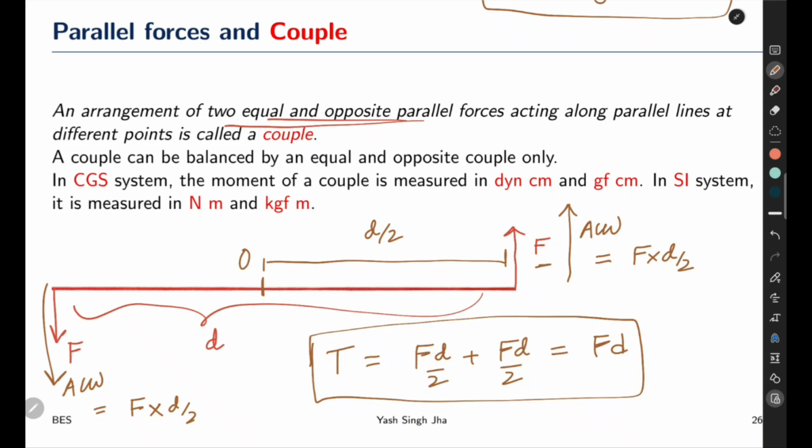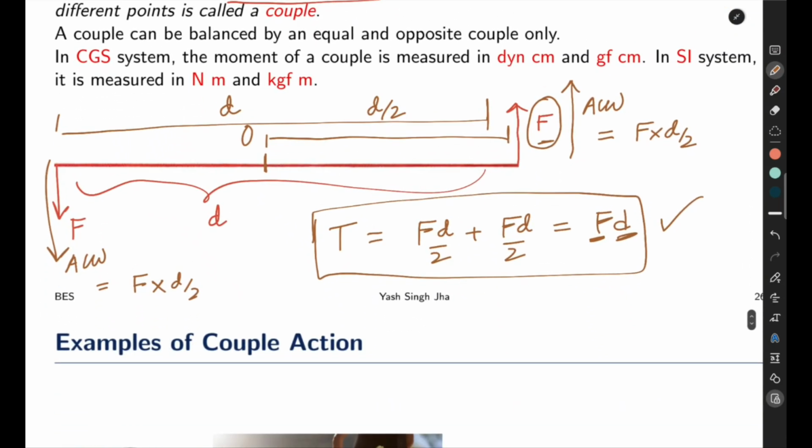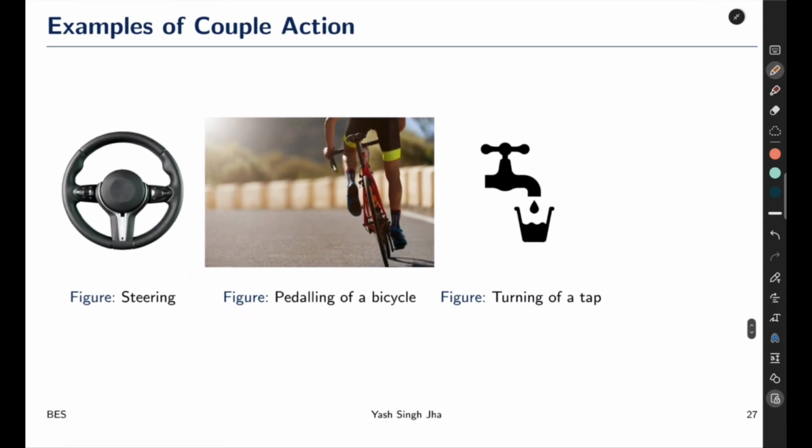So the moment of a couple is the product of one of the forces F times the distance between the two forces, which is D. What is the unit? Same as that of torque. What are the examples of it?